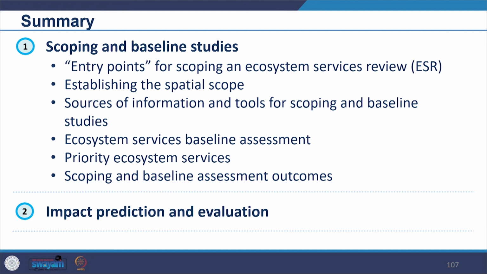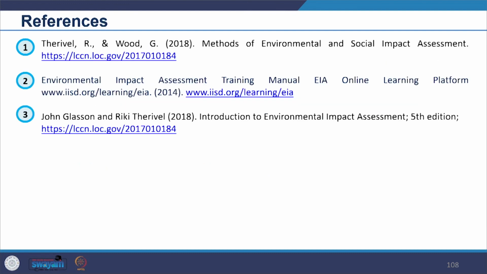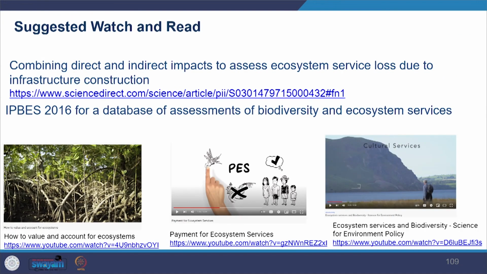Then we looked at the impact prediction and evaluation. This was the key reference for our session today, and then these are the suggested readings and watches for other typical terms which you looked at.